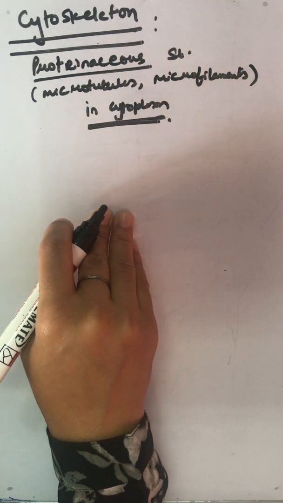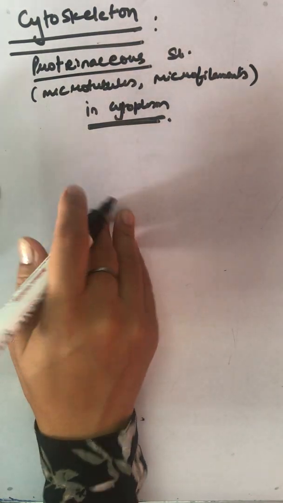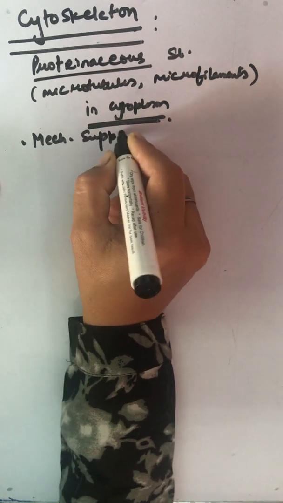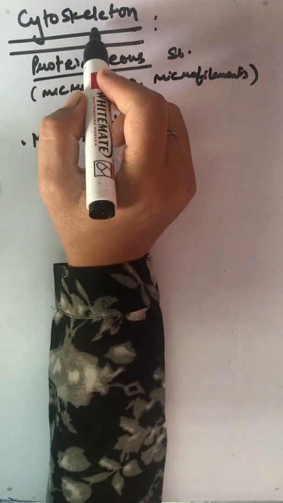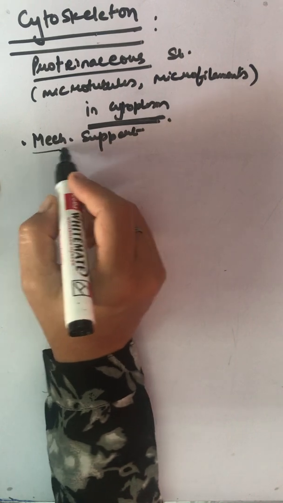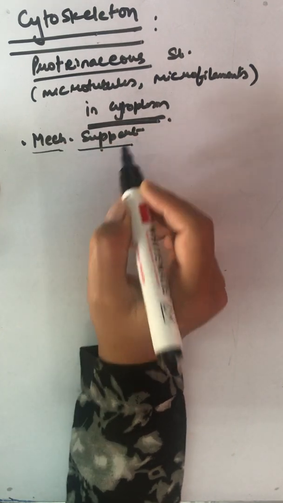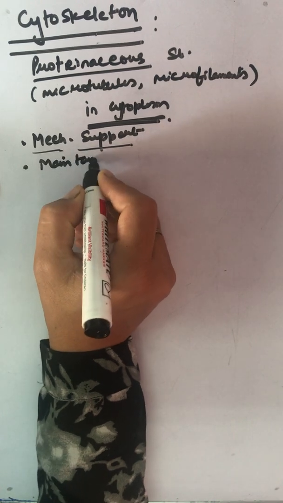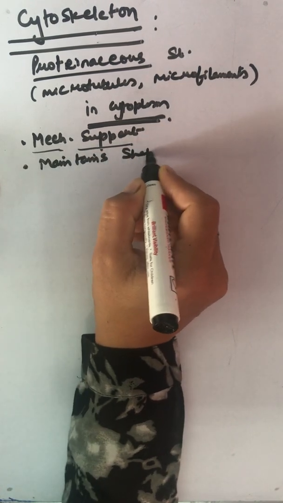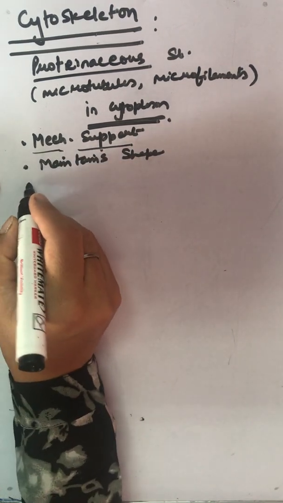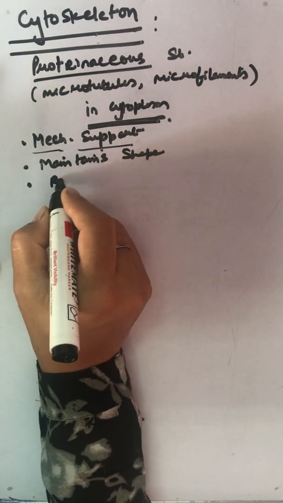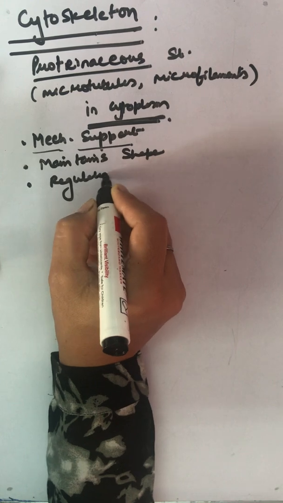Now, the cytoskeleton performs the following functions. It provides mechanical support. If we call it cytoskeleton, obviously mechanical support. Number 2, maintains shape. Number 3, regulates the distribution and orientation of cell organelles.